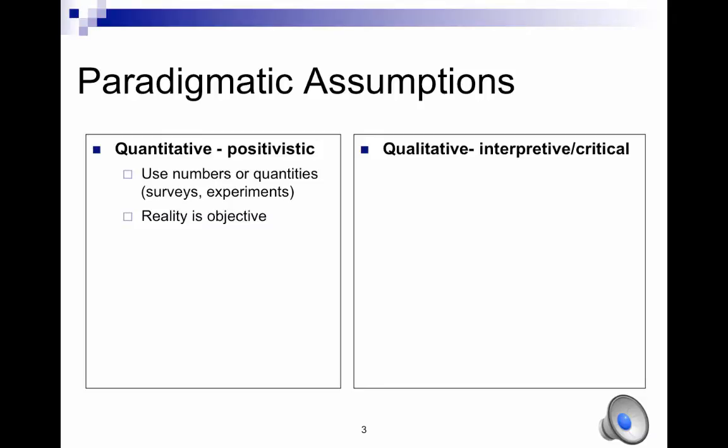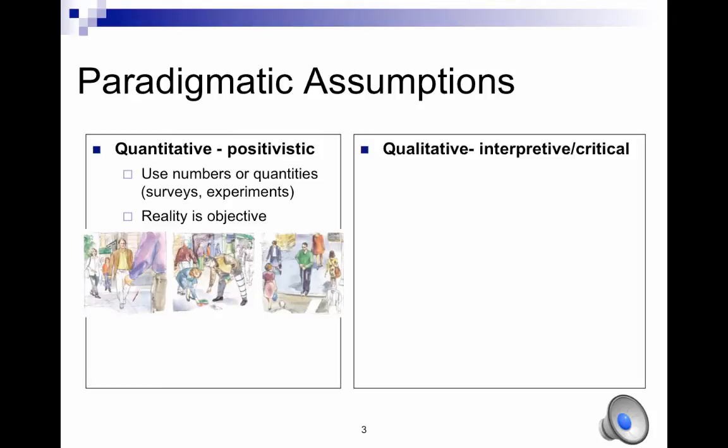The assumption is reality, whether it's your psychological or emotional states, or human behaviors, or social practices, can be objectively observed and measured using scientific and systematic procedures. The goal is often to describe general patterns and predict differences or relationships.